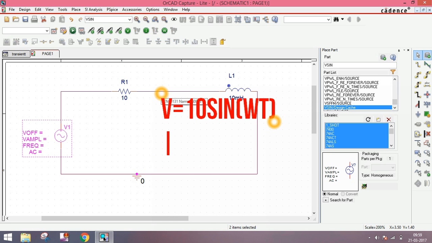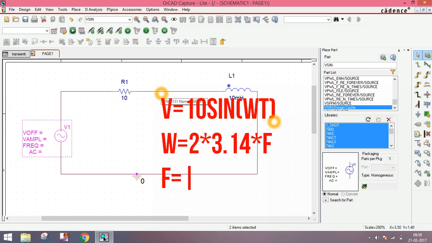Here omega is equal to 2 pi, where pi in radians is 3.14, and f is frequency, and we assume frequency is 50 Hz, which is also what we have in our home.